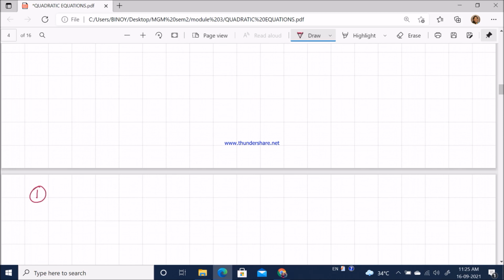So consider an example. Consider an equation x square minus 2x minus 15 equals 0. This is a quadratic equation. You are asked to find the solution by factors.